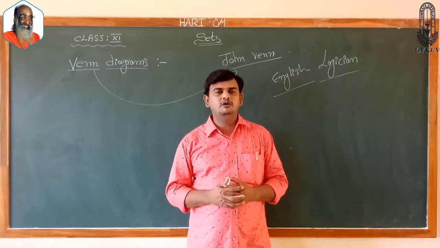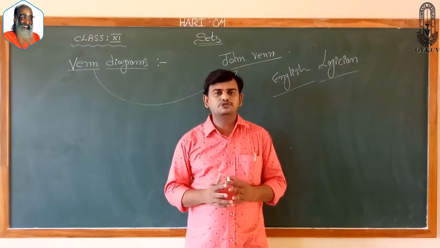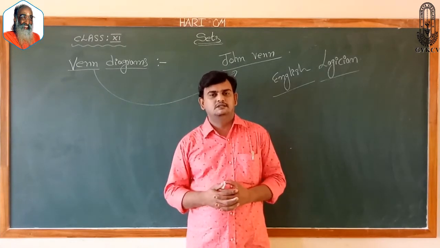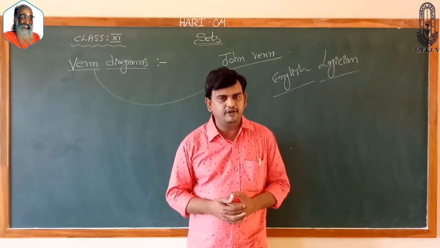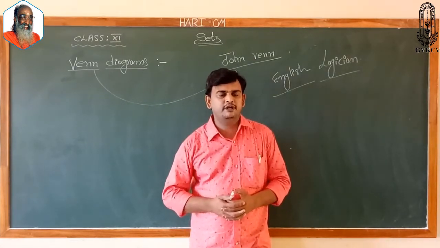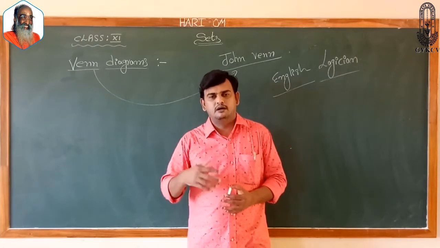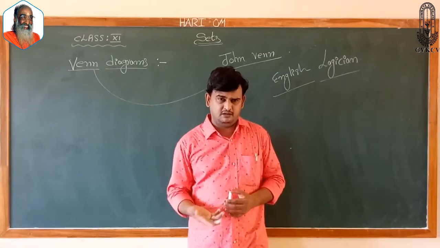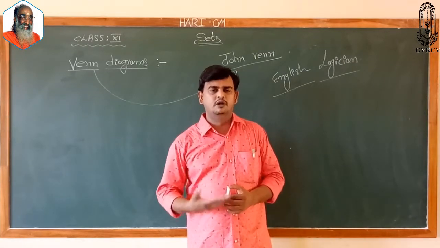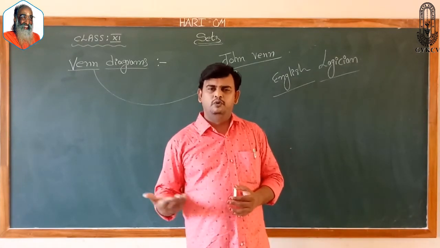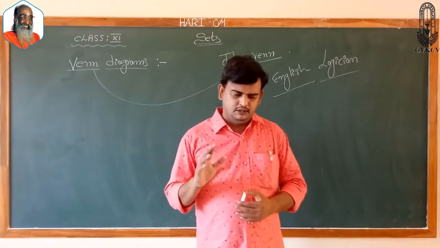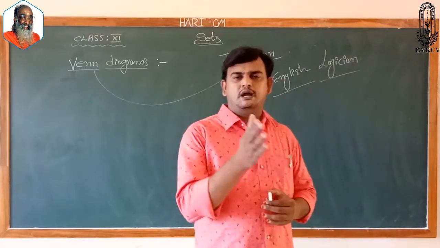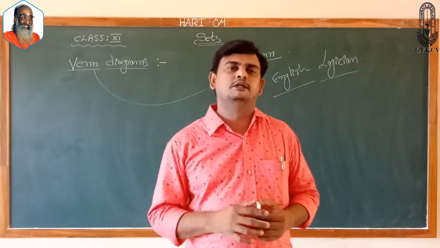Polygons are nothing but simple closed figures. What are the types of polygons? Triangle, quadrilaterals, pentagon, hexagon, septagon, octagon, nonagon, decagon, like that. We have plenty of polygons. Here we are going to use triangles and quadrilaterals.